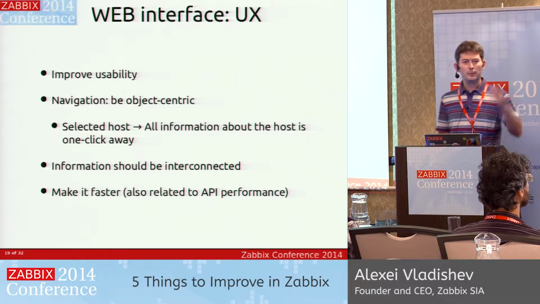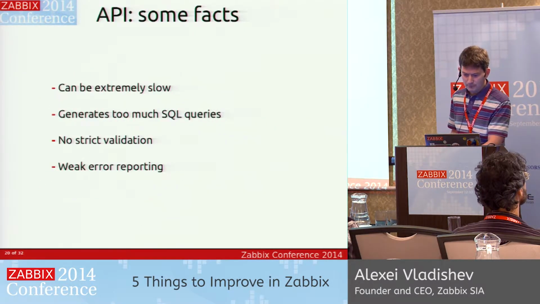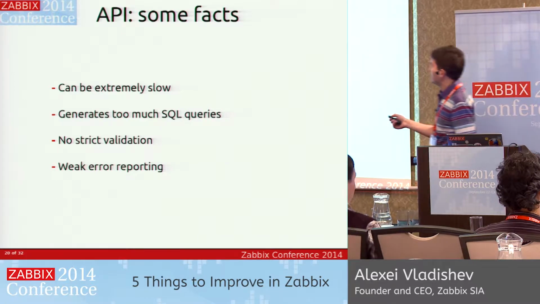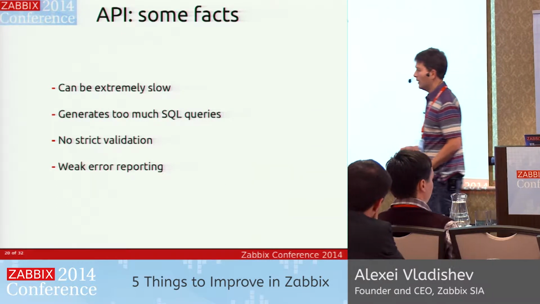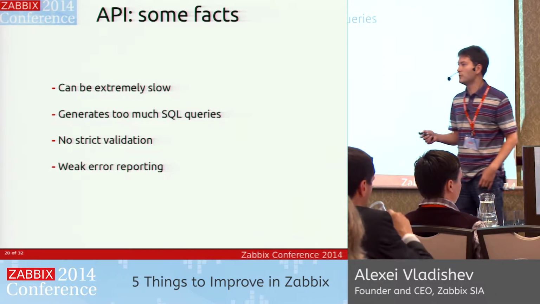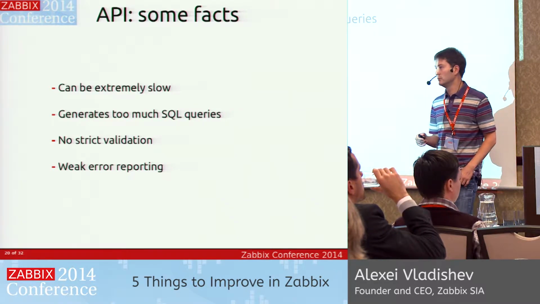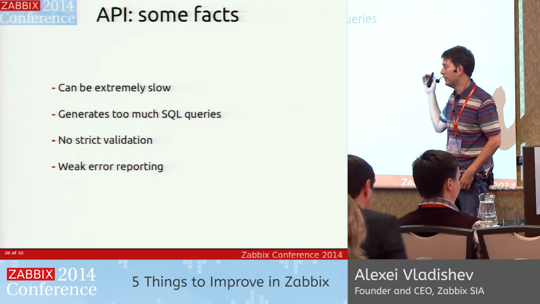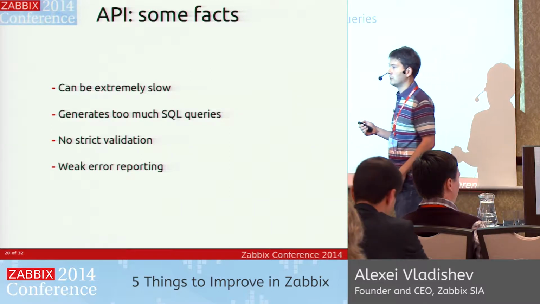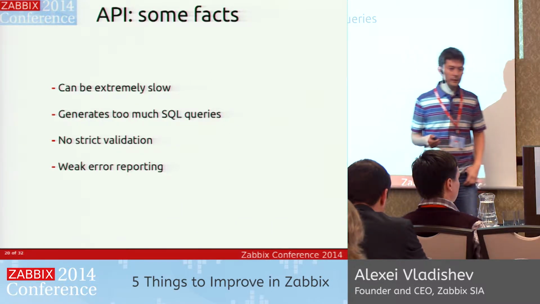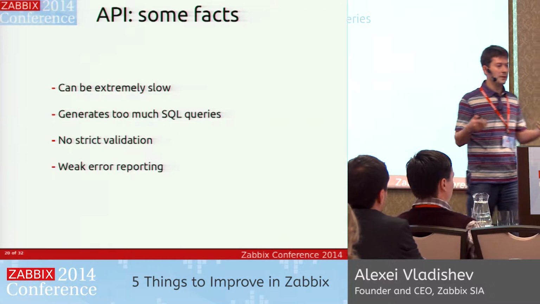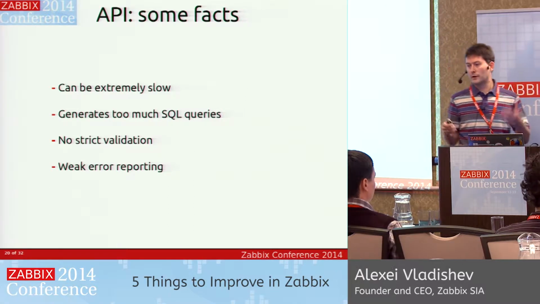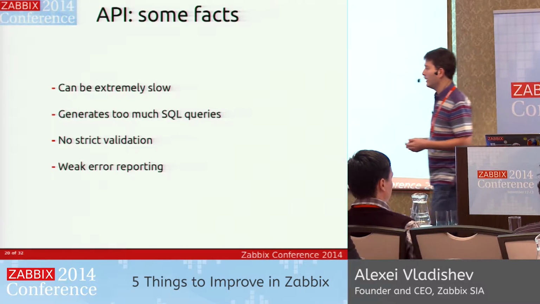Okay, the second, API. The API can be extremely slow, especially when it comes to operations related to template linkage. Suppose you have 10,000 hosts. You'd like to make some mass updates, or link 10,000 hosts to a single template, and it will take ages.